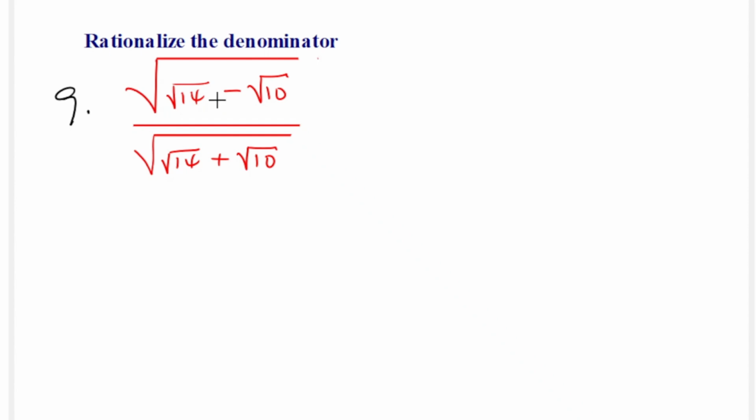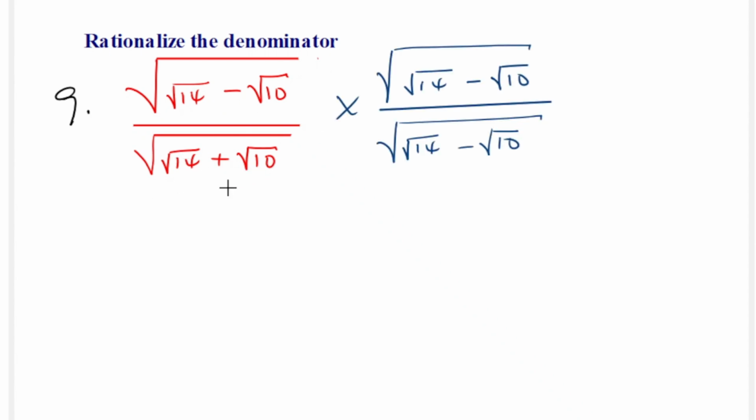9. Radical 14 minus radical 10 over radical 14 plus radical 10. So to rationalize the denominator, just multiply both numerator and denominator by radical 14 minus radical 10.